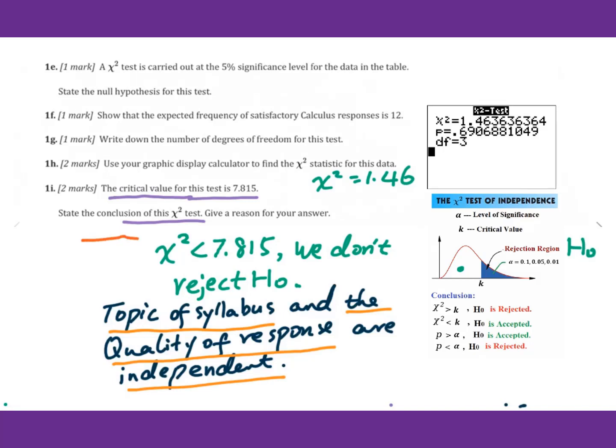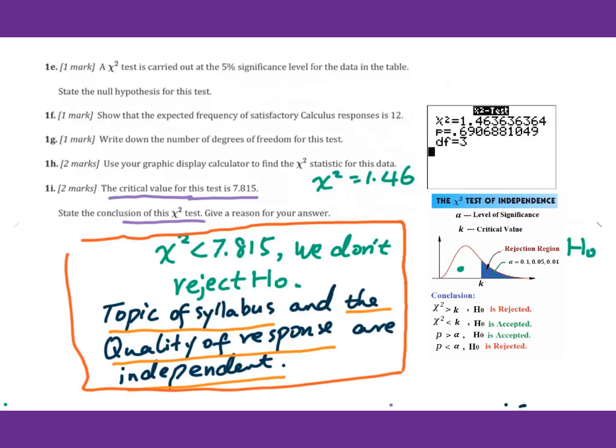This is one way to answer the question. Another way, you can use the p-value, that's 0.691. That's greater than 0.05. That means p will fall in this area because this area is only 0.05.